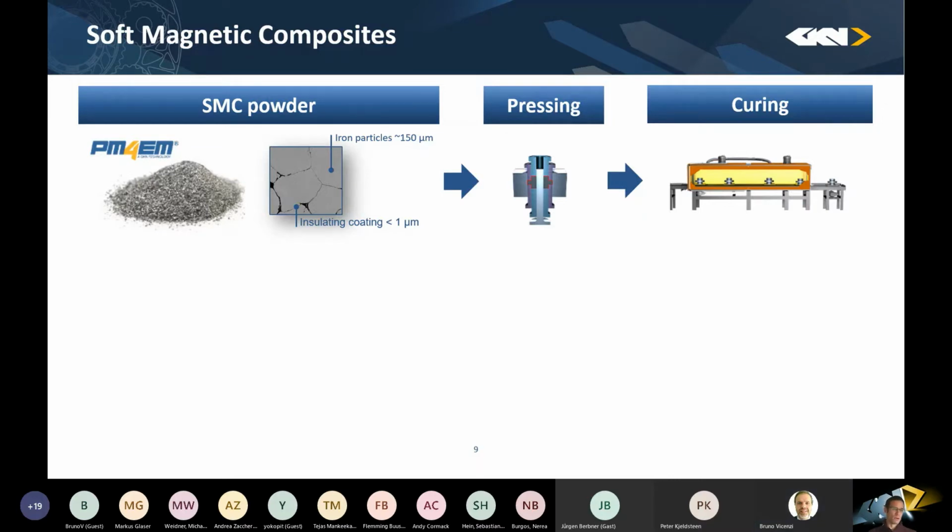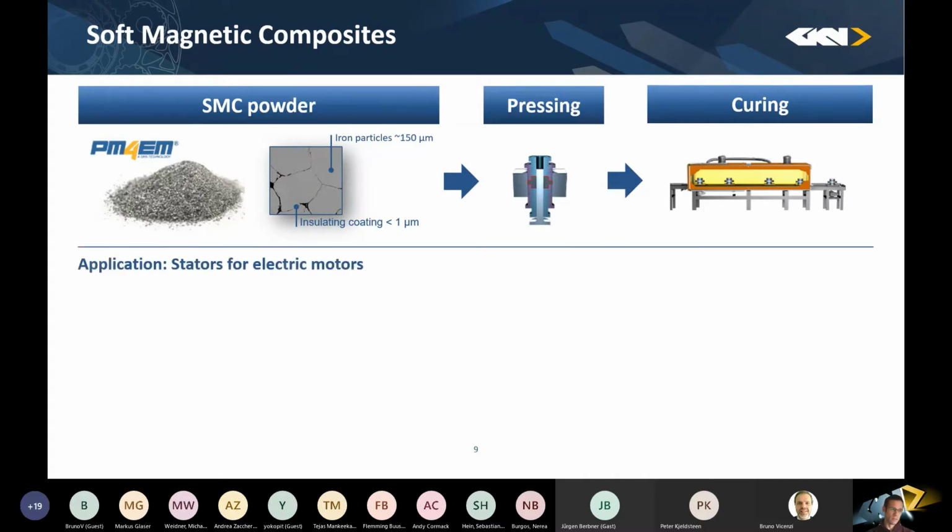So we press the powder into the shapes of the parts, and finally we have a heat treatment, which is a little bit different because we have to keep the insulation intact, but it's also a belt furnace system in most of the cases where we can utilize the experience we have from conventional powder metallurgy.